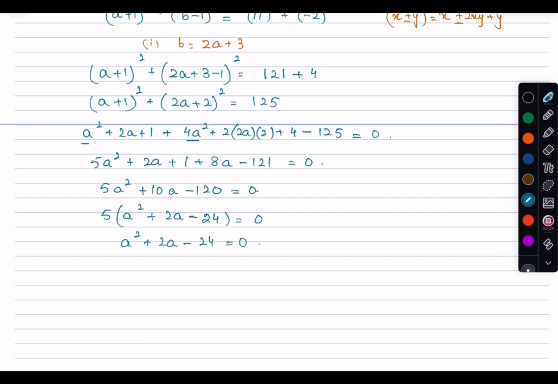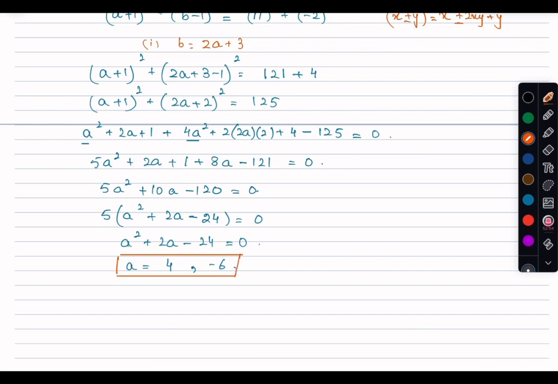Therefore, my answer for a is going to be 4 and negative 6. So these are the two possible answers for a that I can have. a can be 4 and a can be negative 6 also.